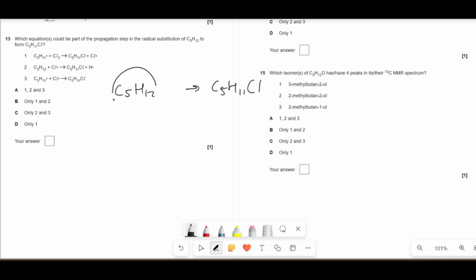It could be that this was a radical to this, some radical form of that, or it could be that it reacts with a Cl radical. So if we look at the options, a C5H11 radical plus Cl2 makes this. That does fit the bill. C5H12 plus a Cl radical. You don't really get H radical on its own. It would be this becomes the radical, so that one's out. C5H11 plus that, to cut around to termination steps, it's D.